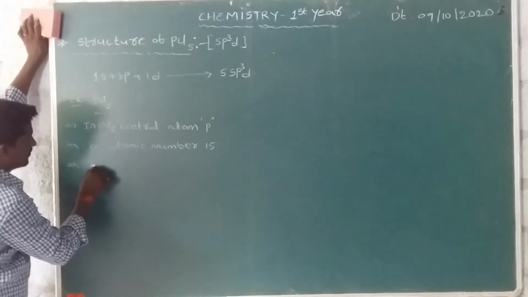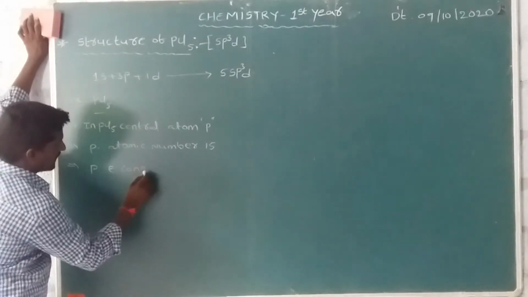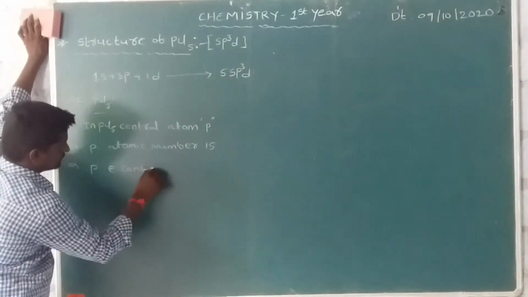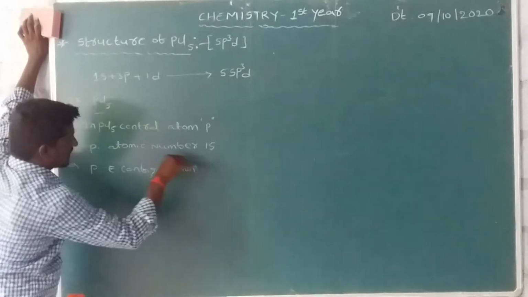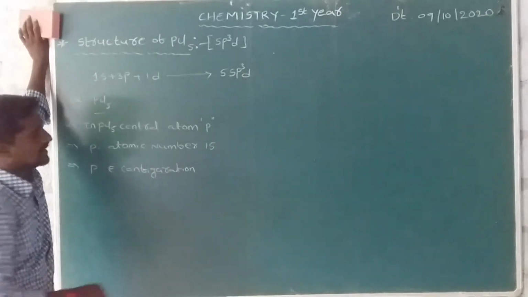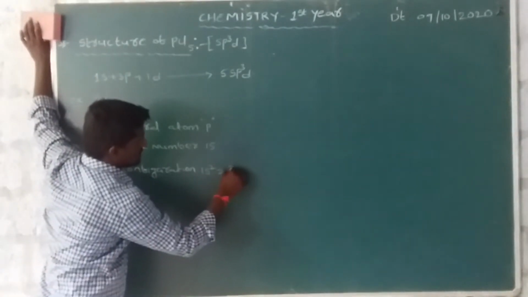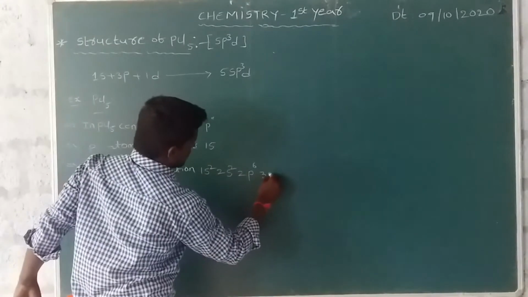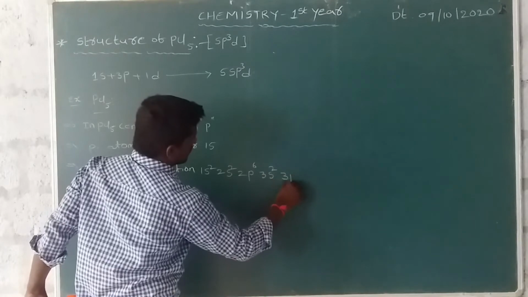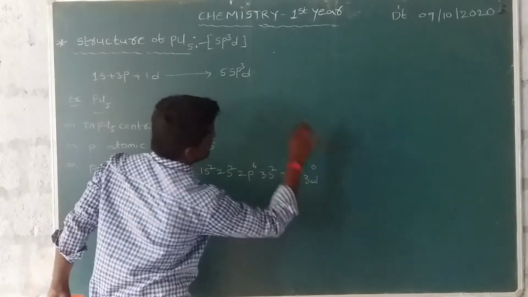Third, phosphorus electronic configuration: 1s2, 2s2, 2p6, 3s2, 3p3 and 3d0.